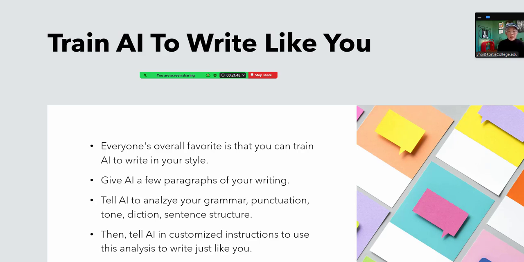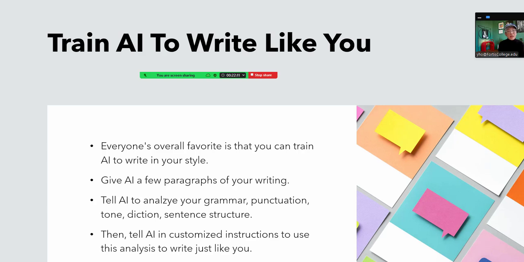Then you tell AI to analyze your grammar, punctuation, tone, diction, and sentence structure. Then you tell AI in customized instructions to use this analysis to write just like you. And so AI has the ability to write just like you or any author that you train it on.